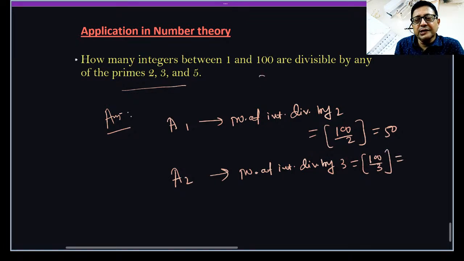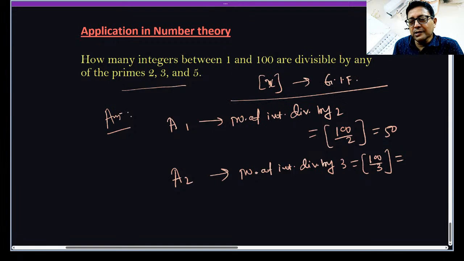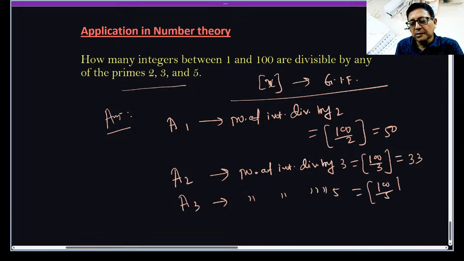This is called the greatest integer function. I will be discussing this function with you in detail very soon. This is GIF. This will give us the integral part of this division. 33.33, we take 33. A3, number of numbers divisible by 5. Got it?